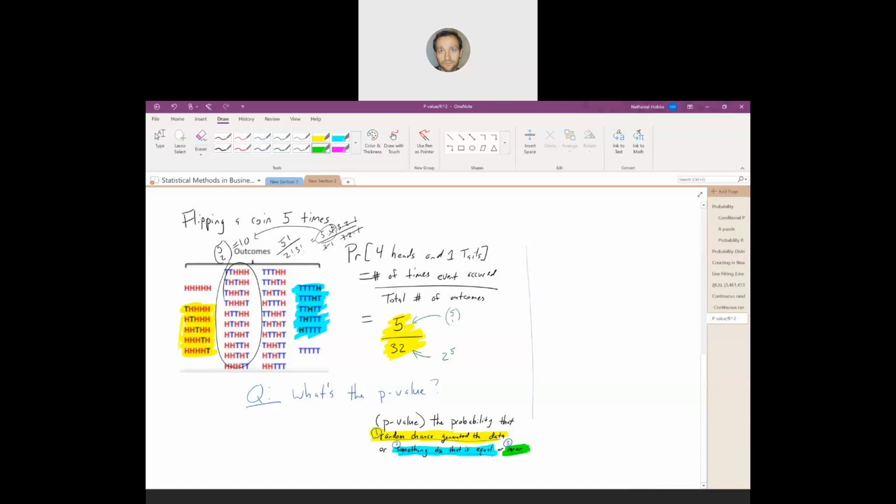Which events are rarer than seeing 4 heads and 1 tail, or 4 tails and 1 head? Would it be like 3 heads and 2 tails?